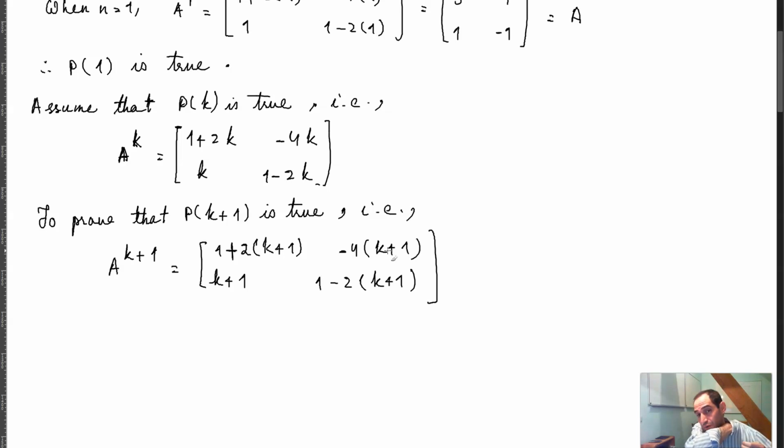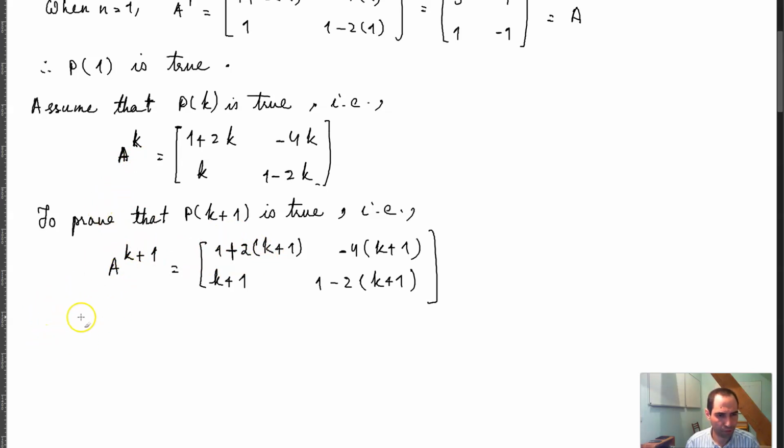I don't know if I'm supposed to simplify this or not. Let's see if we can prove this, and then we will see about the rest.